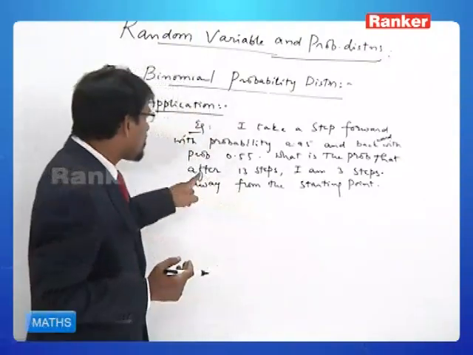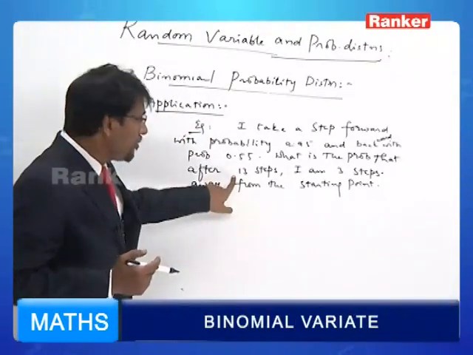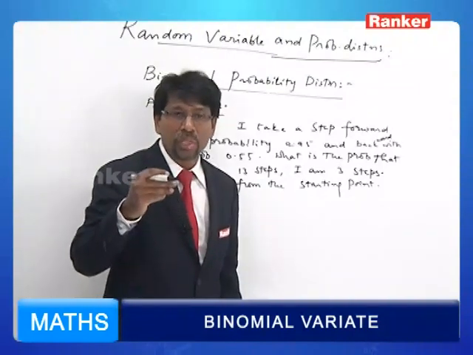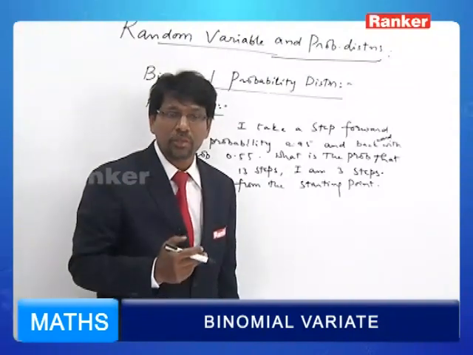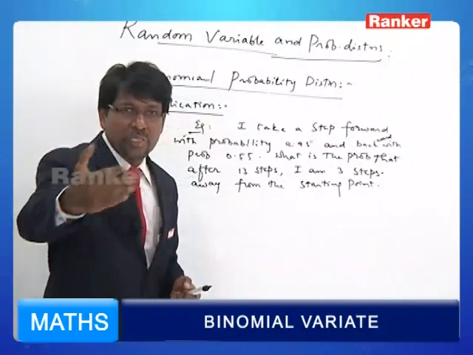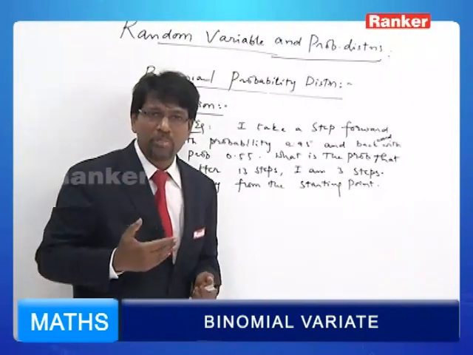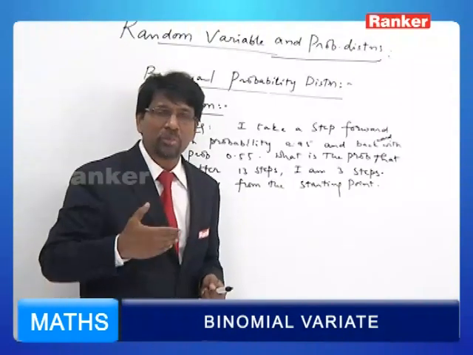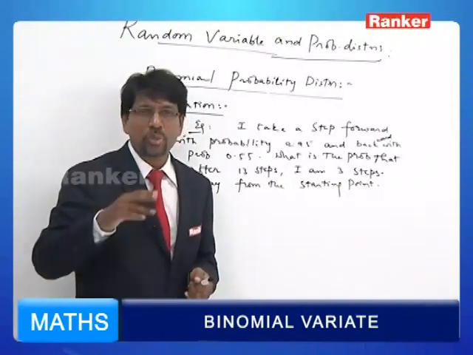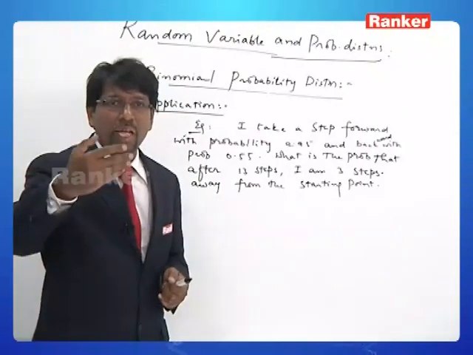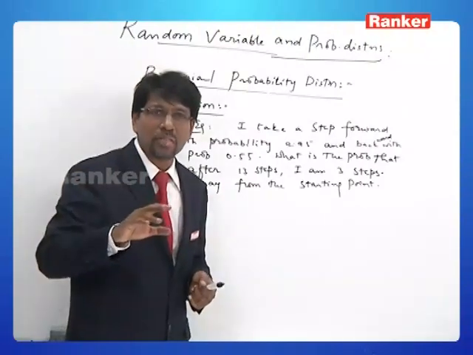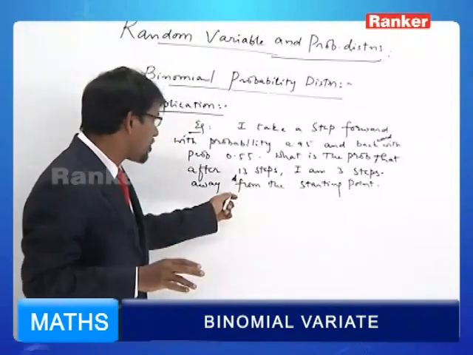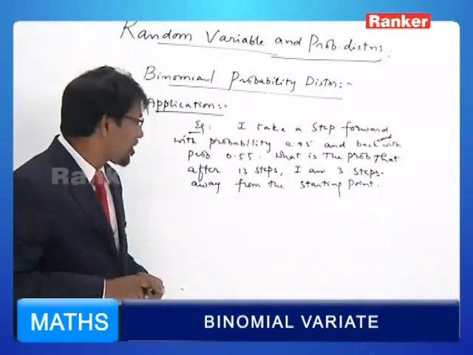The total number of steps that have to be taken is 13, and I have to be only 3 steps away from the starting point. So some forward steps and some backward steps have been made. So x number of forward steps and y number of backward steps have been made, so that x plus y is 13 and x minus y is equal to 3, because you're saying that you're just 3 steps away.